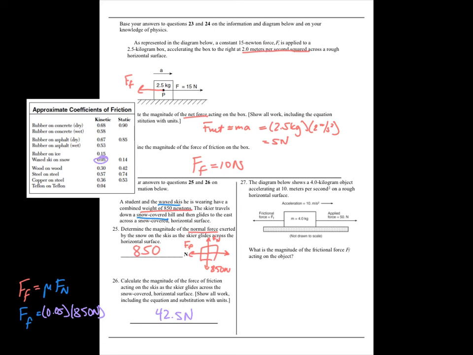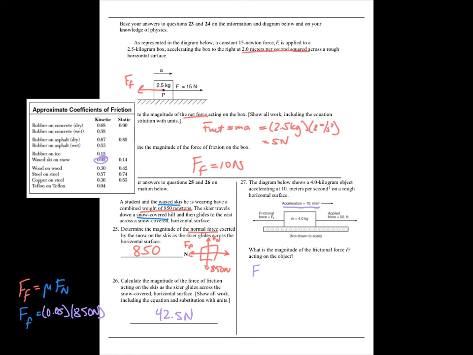Now number 27, finally. Here we have a diagram below showing a 4 kilogram object accelerating at 10 meters per second squared on a rough horizontal surface. What is the magnitude of the frictional force F of F acting on the object? So we're looking for force of friction F of F. Since the object is accelerating, it's not in equilibrium. So that means these two sides, F and F of F, are not the same.